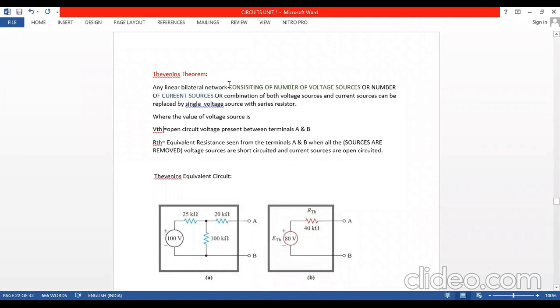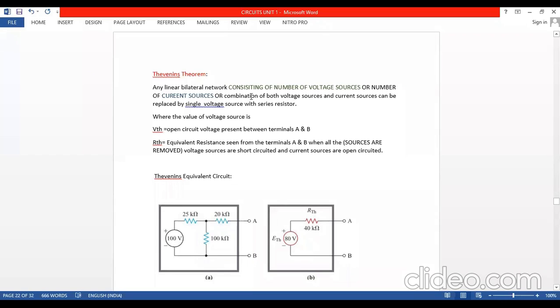A circuit can contain only a number of voltage sources, yes or no? A circuit consisting of a number of voltage sources, or only a number of current sources, or a combination of both voltage and current sources, can be replaced by a simple circuit. What is that simple circuit? It contains a single voltage source with a series resistor.